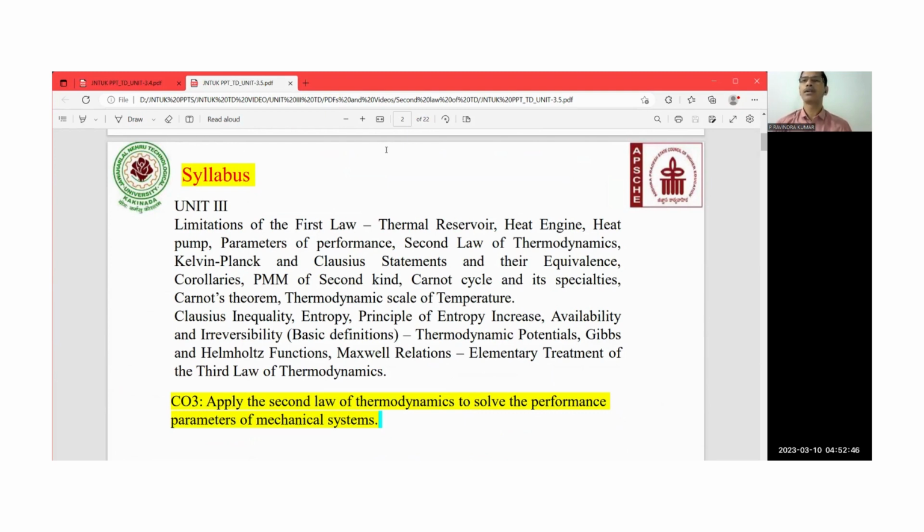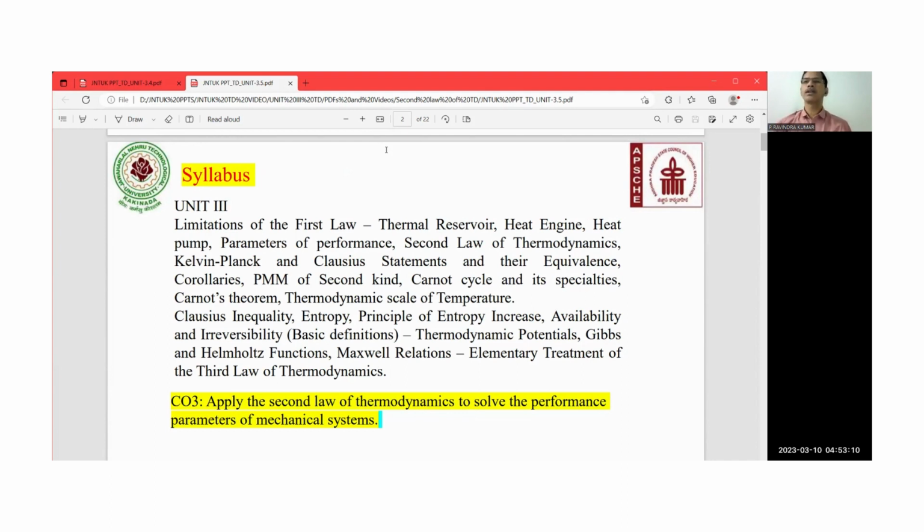Coefficient of performance, heat supply, heat rejection, work output, work input, energy efficiency rating, right? Efficiency, coefficient of performance of the heat engine, refrigerator, heat pump, solar energy level, right?